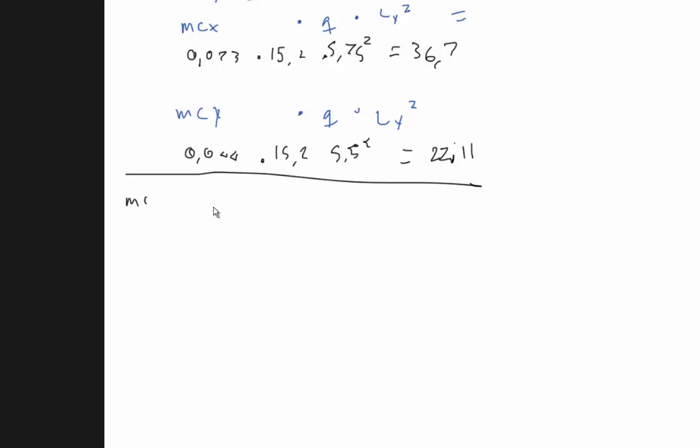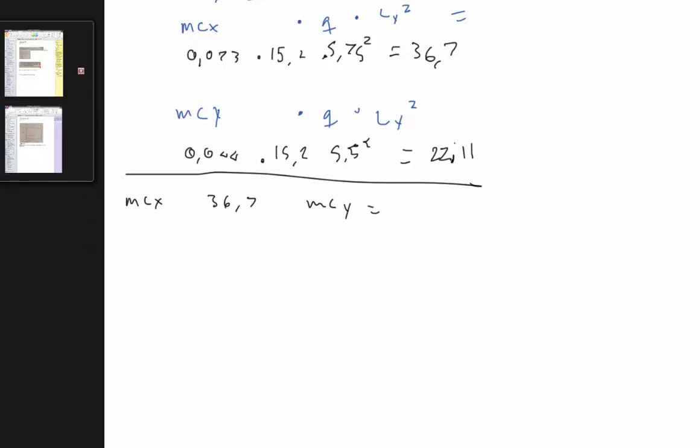MCX 36.7, MCY. Now we know how much bracing we need in every place. So now we want to find out the width, like how many bars we're going to have. So let's write this down.